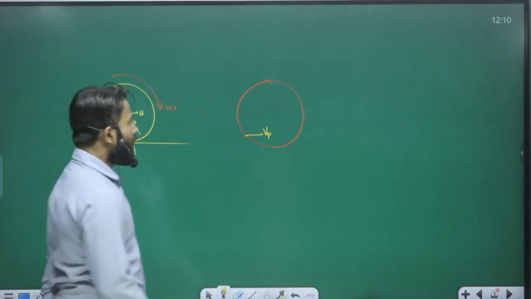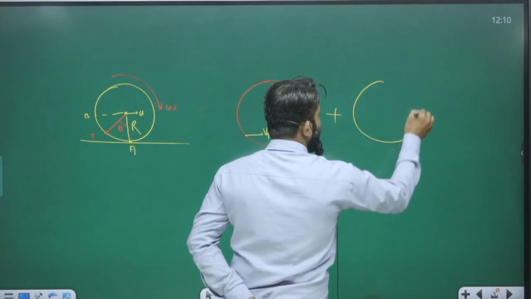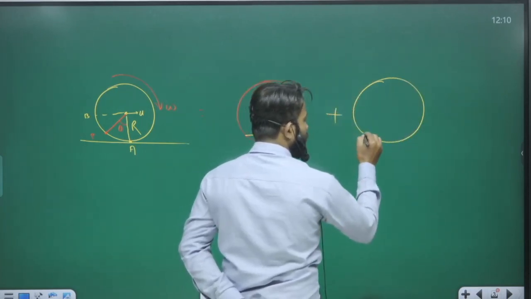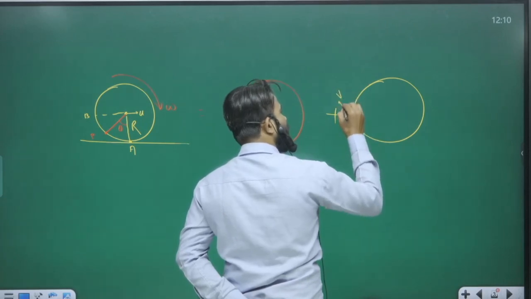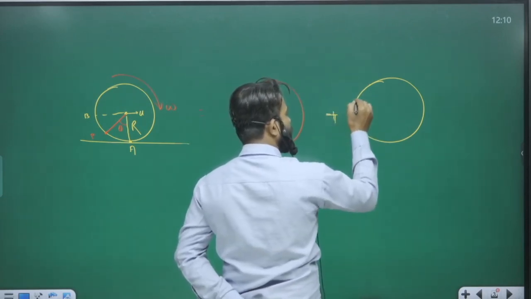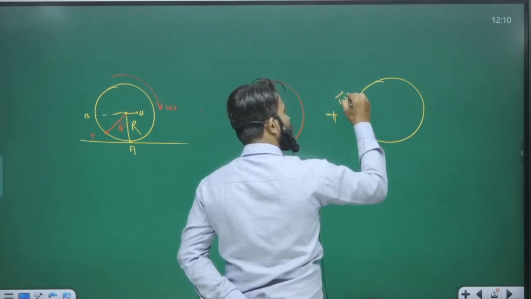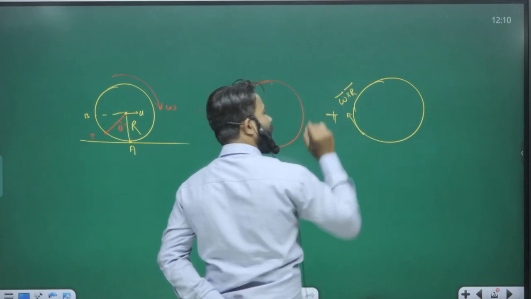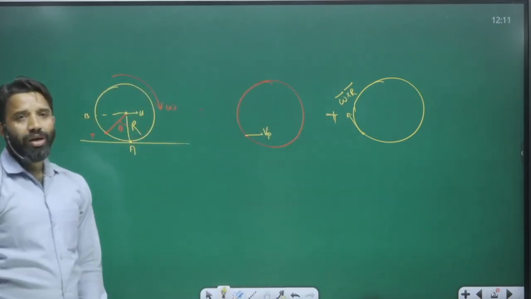Is it right? Along with that, this body is performing rotation. So this point P will have a velocity in this direction, and that velocity will be represented by omega vector cross r vector, and that will come out to be along the same direction, along the tangent.